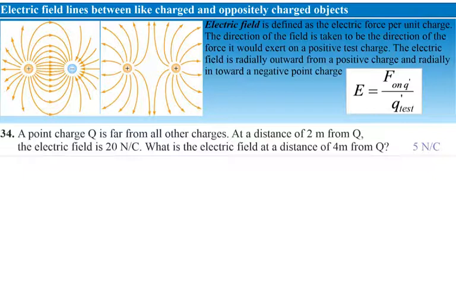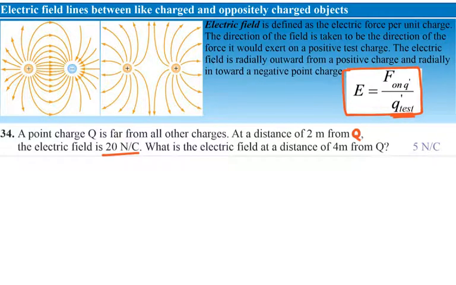I'm going to use the electric field formula. And q is the test point, the one that I'm going to place into the field where I'm testing the electric field to be 20 newtons per coulomb. But the source is Q, the big Q that they give you in this problem. That is the source, not the test point.